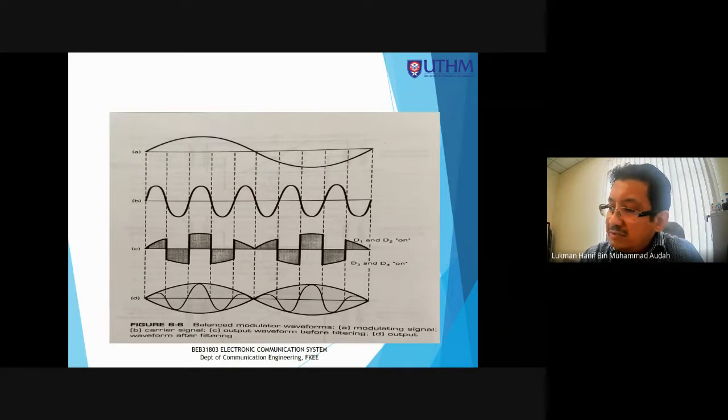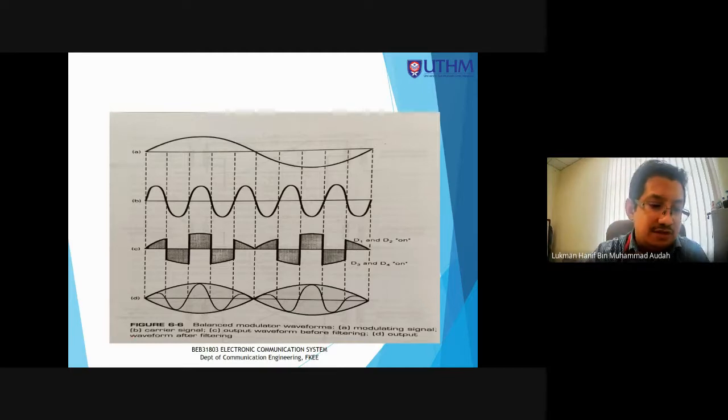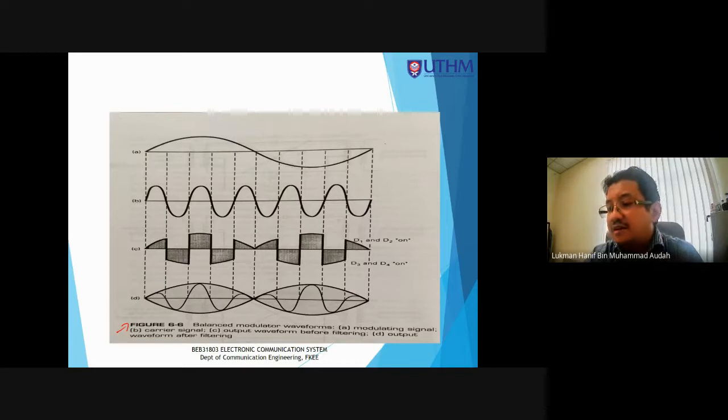Dalam edition yang terbaru, ini chapter 6, kalau you nampak figure 6. Tapi yang saya share tu edition yang pertama, so mungkin chapter 4 or chapter 5 maybe. Tetapi saya rasa dia ada juga dalam situ, so boleh lihatlah.